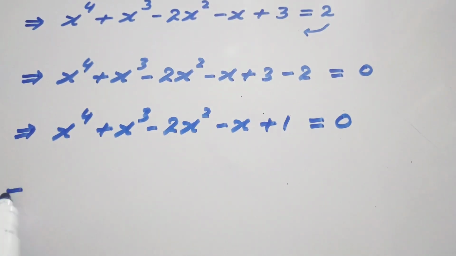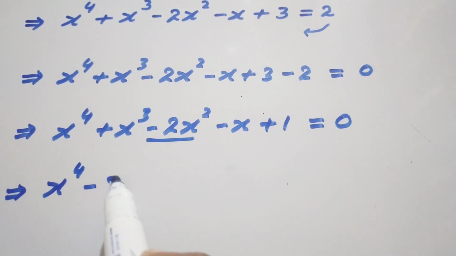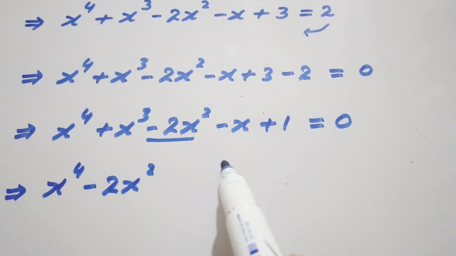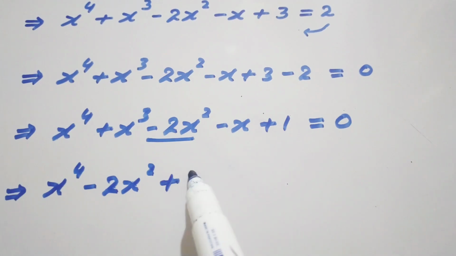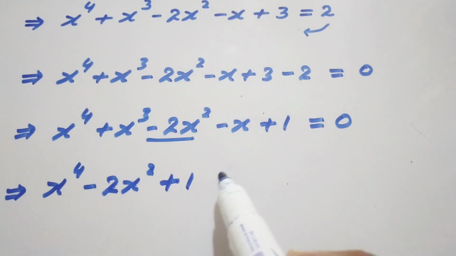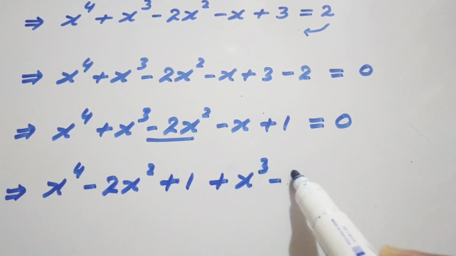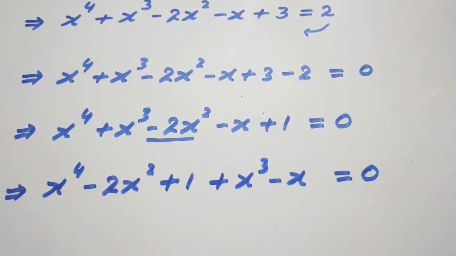Now rearranging, we can write this as x power 4 minus 2x squared plus 1, and the left terms are x cube minus x is equal to 0.